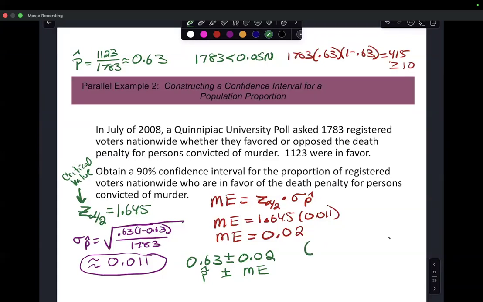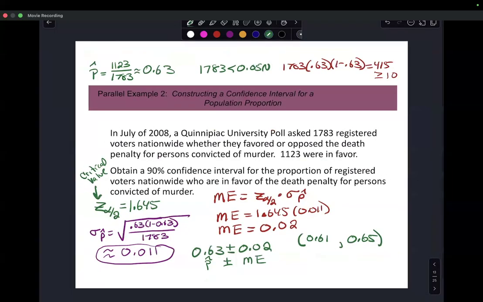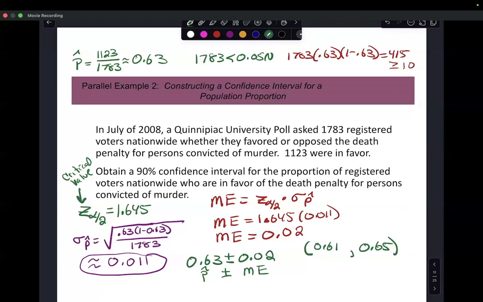I would take my p hat, 0.63, and add the 0.02, and that's 0.65. I'll take the 0.63 and subtract my margin of error, 0.61. I kind of ran out of room, but I'm going to do the best I can to write my conclusion here.